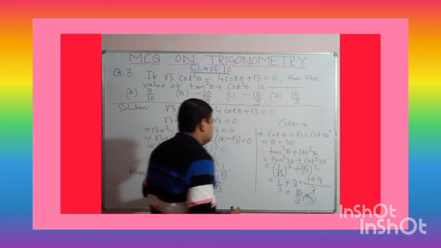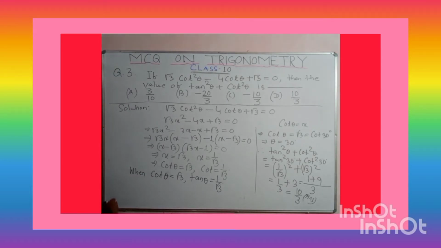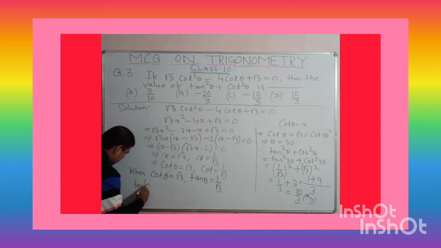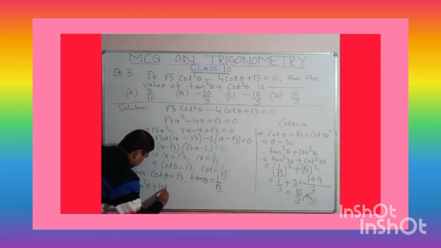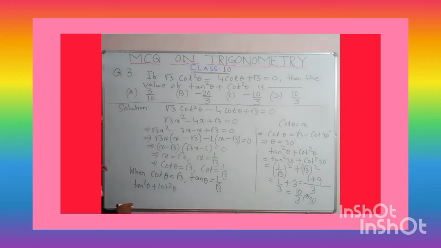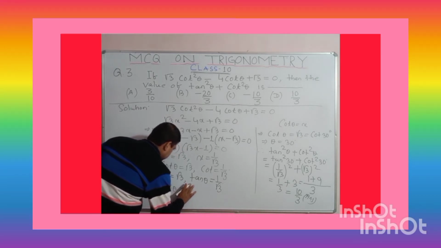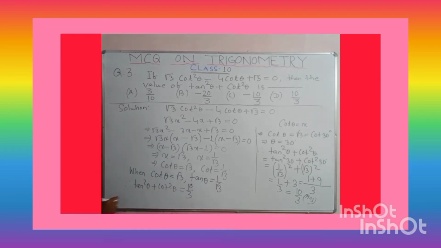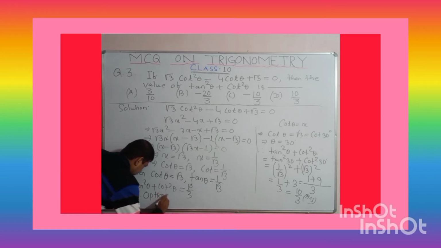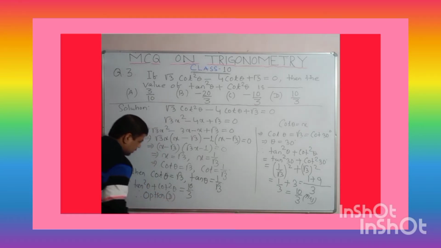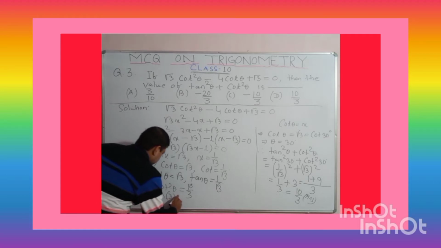So hence we got the required value: tan square theta plus cot square theta is equal to 10 by 3. 10 by 3 means which is the correct option? Option D. So option D is the correct option here, which is 10 by 3.